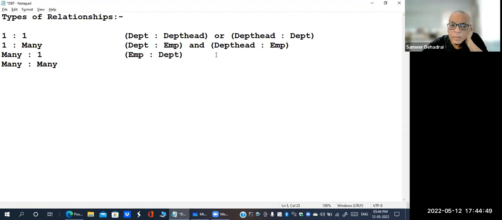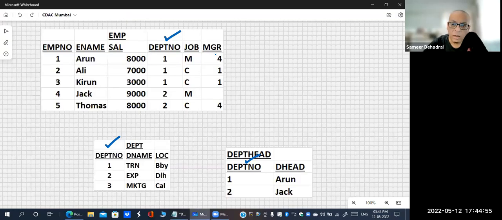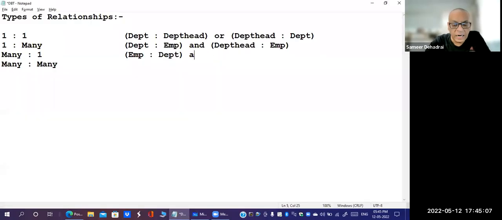And similarly, the second example we have here, many employees, they report to one D head, isn't it? Many employees report to one D head. EMP is to department head.